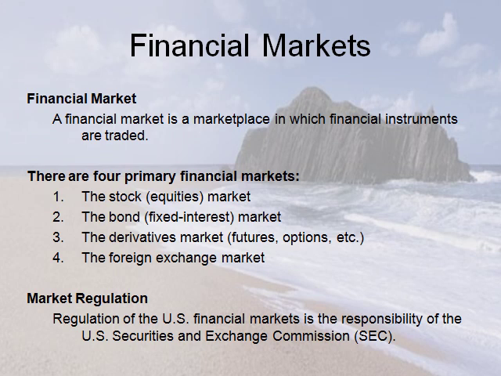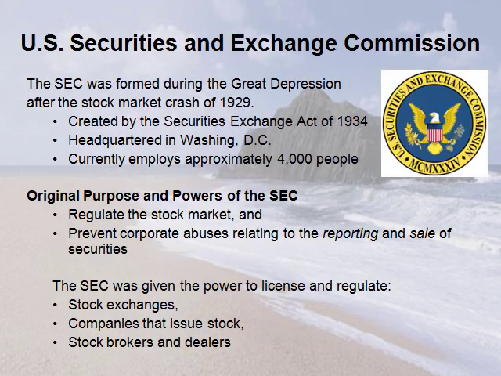Now, in the United States, regulation of the financial markets is the responsibility of the Securities and Exchange Commission, or the SEC. The SEC was formed during the Great Depression after the stock market crash of 1929. It was created by the Securities Exchange Act of 1934. They're headquartered in Washington, D.C., and they have approximately 4,000 employees, although we expect that to increase over time.